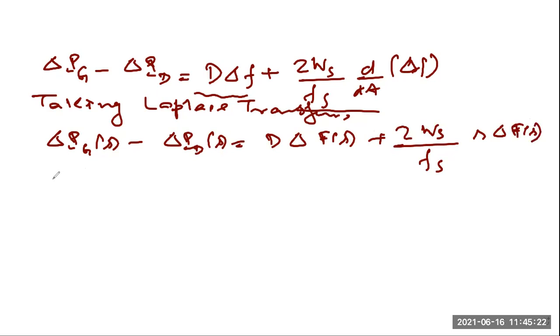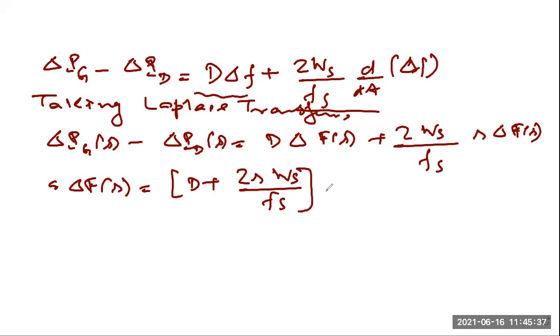Now we'll take delta F(s) common on this side. So this will be (D plus 2s Ws by Fs) into delta F(s), equal to delta PG(s) minus delta PD(s).